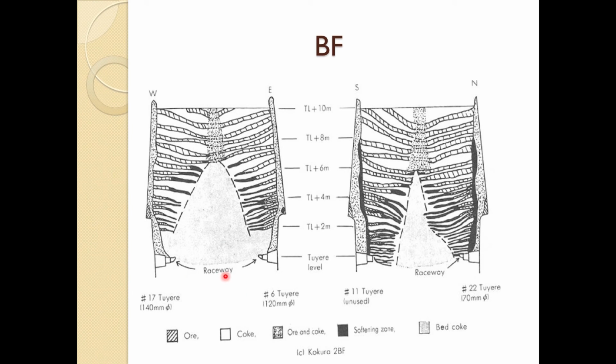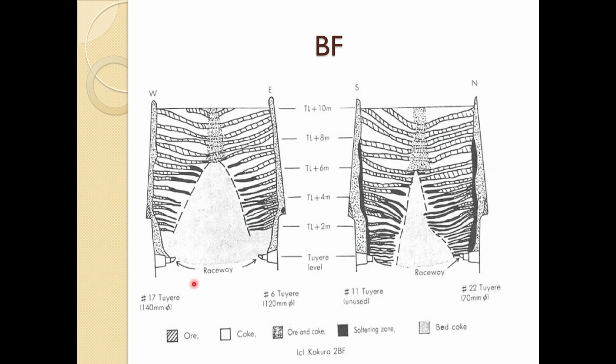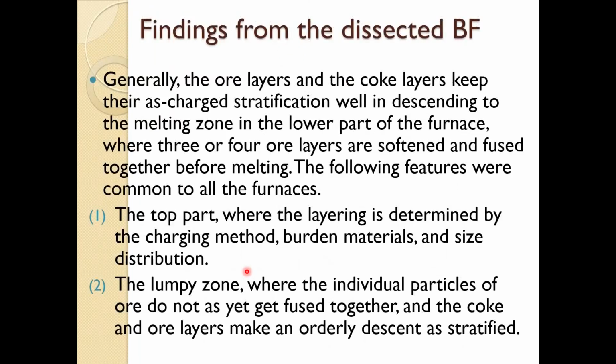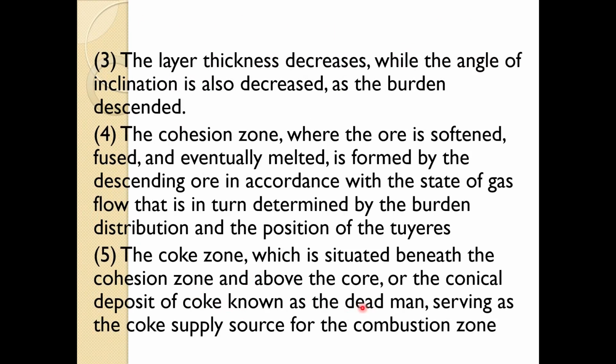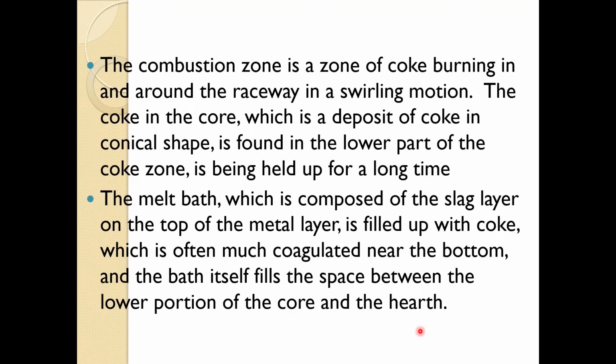However, it gives the mechanical support to the whole burden. So, that is very important and not only that, it also provides the permeability. All molten material percolates through that, and it also supplies the coke for combustion. So, that dead man is a very important part of the blast furnace.